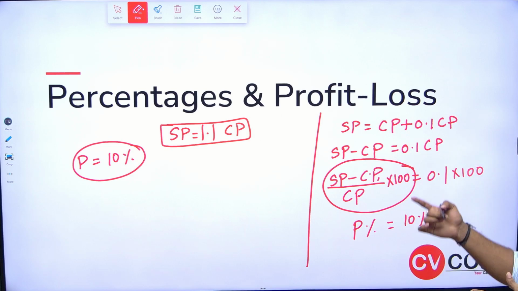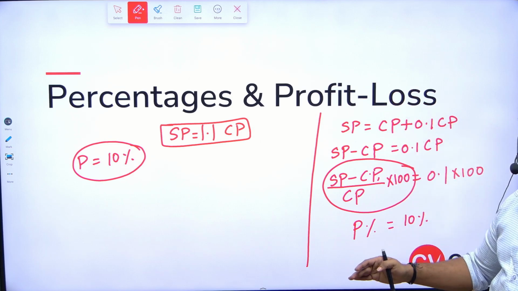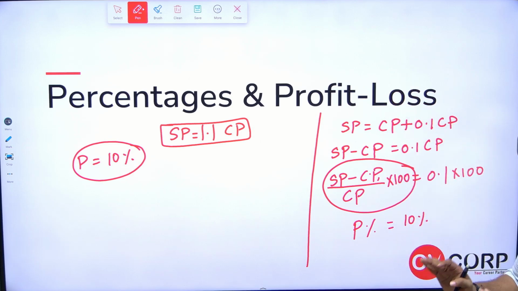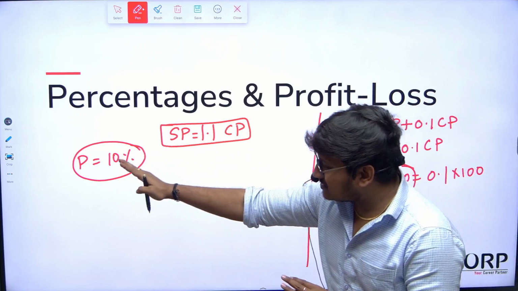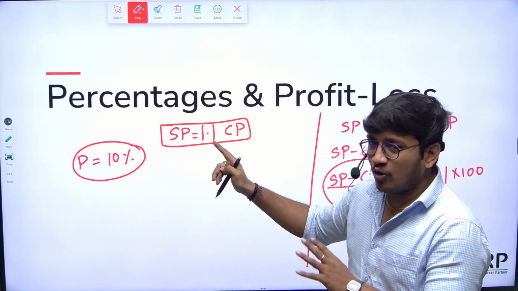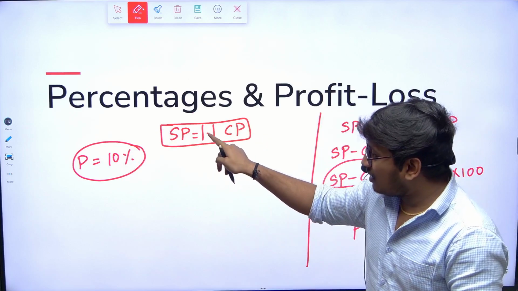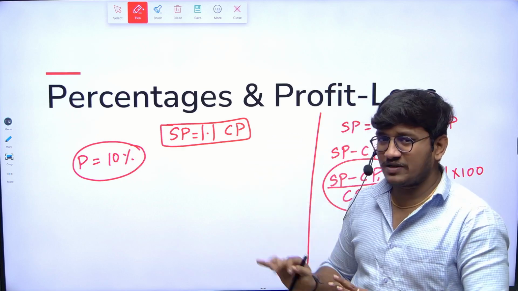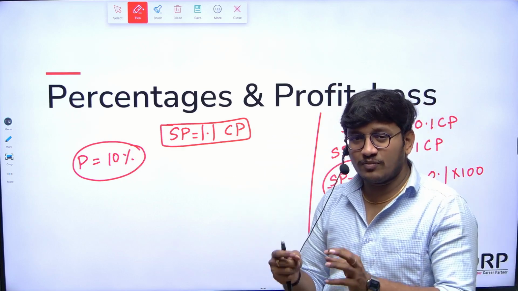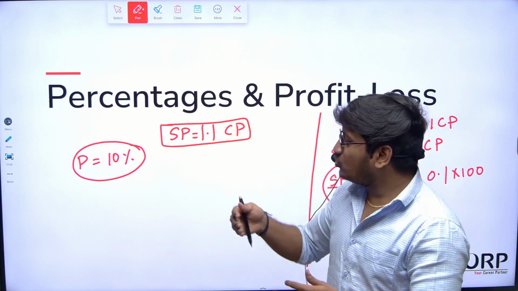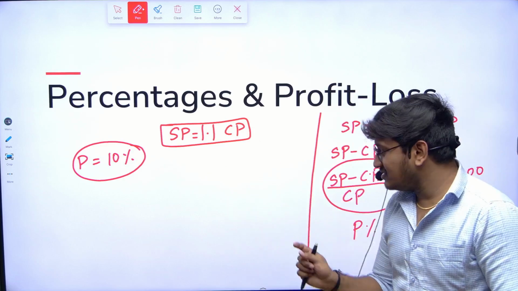Now I hope you understood this particular logic. But instead of doing all this process in the exam, my small suggestion is to follow the same rule. If you know it is a 10% profit, you should know how to write the relation between selling price and cost price. If you know how to write this as 1.1 times of cost price, I will tell you clearly what if the profit is 20%, what if the profit is 45%, how to write the relation between selling price and cost price, in just 2 minutes.